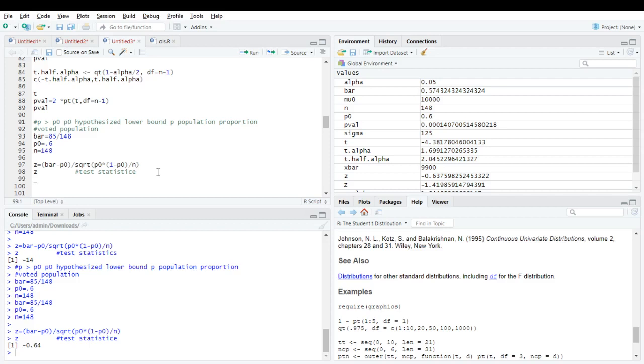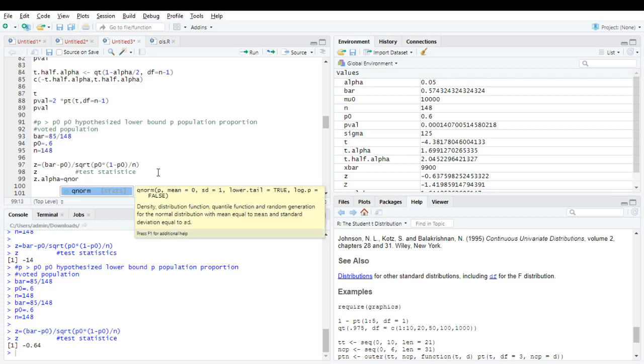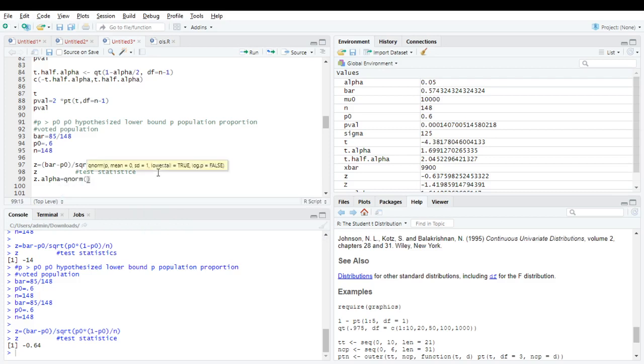Now if we compute z alpha, which is qnorm in this case, see how it has changed. For the first case we computed qnorm, then we computed qt, and right now again we are computing qnorm.